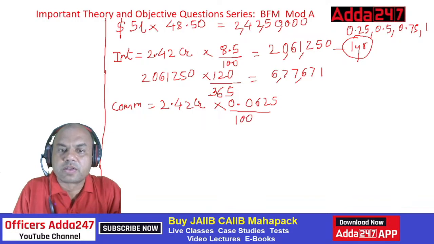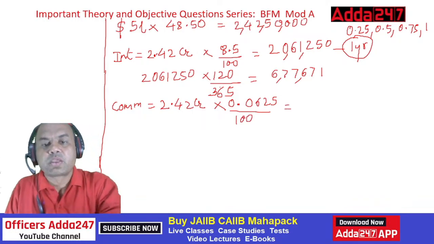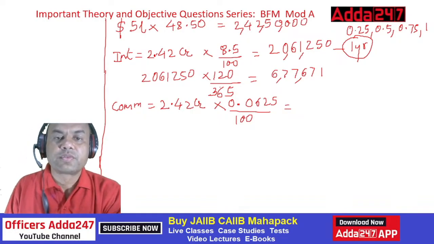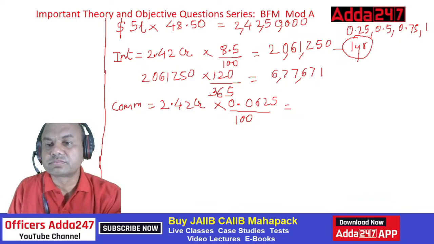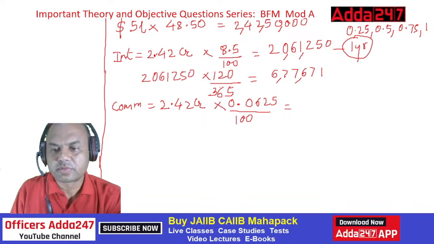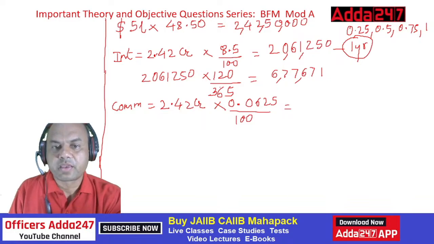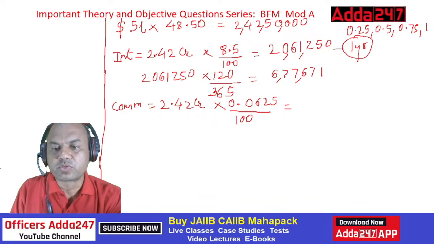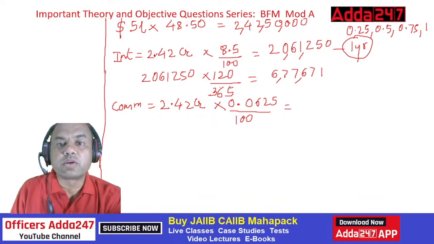Okay, 100. So what will be the answer now? Do it again. Let me do it myself also. 242, then 5 and 4 zeros.